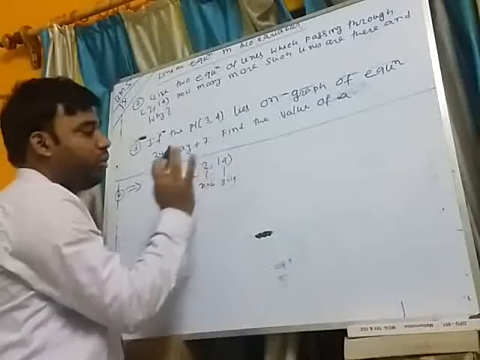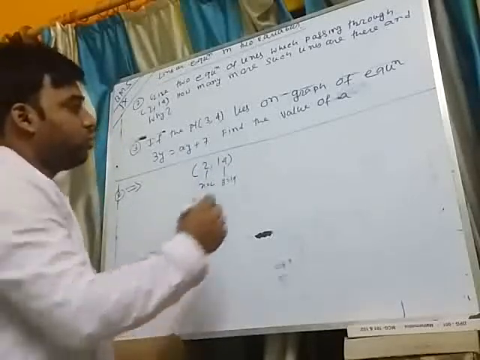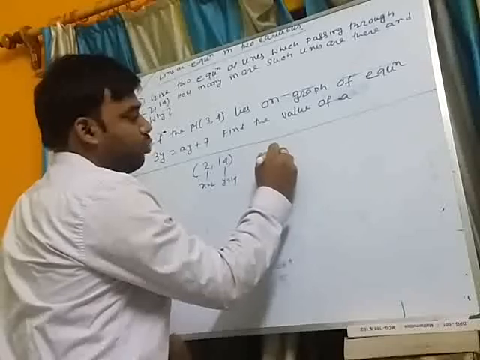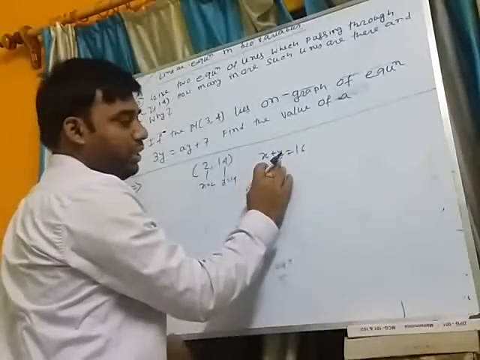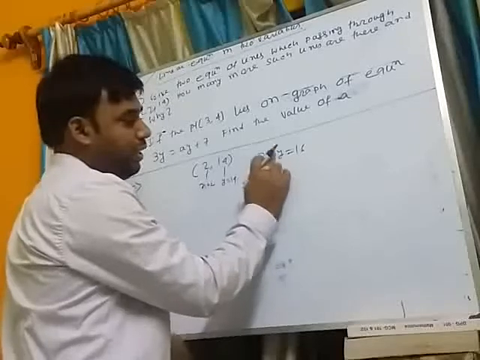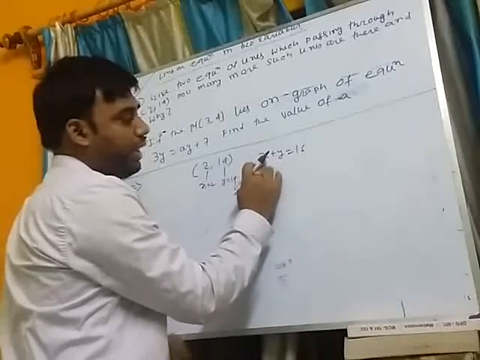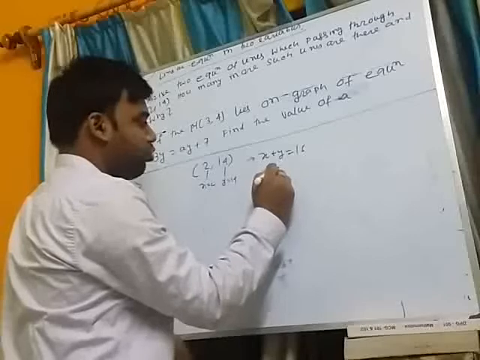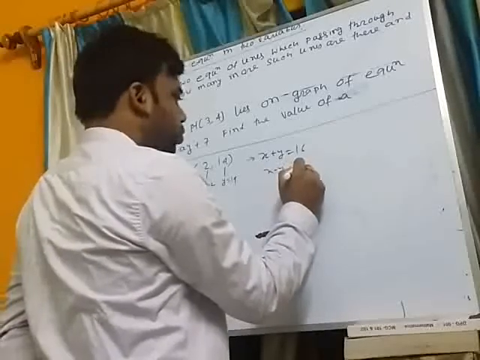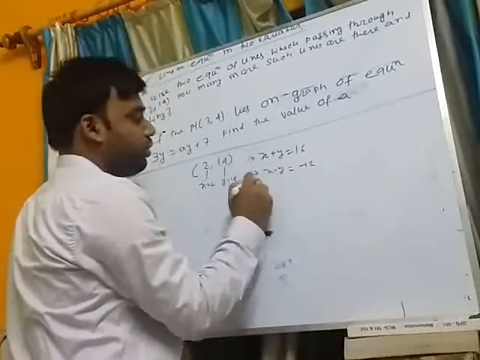So x equal to 2 and y equal to 14. We can take x plus y equal to 16. That is a linear equation in two variables, power 1, variables x and y. Another equation is x minus y equal to minus 12. We can take these two lines.